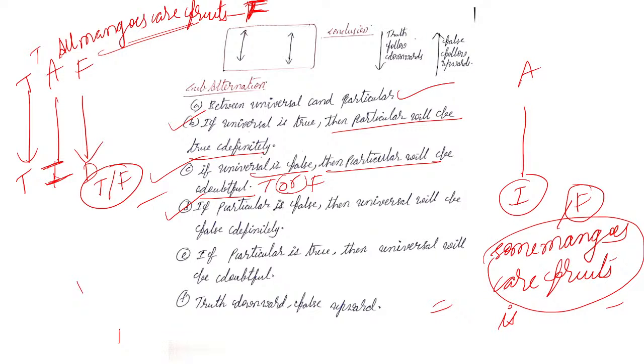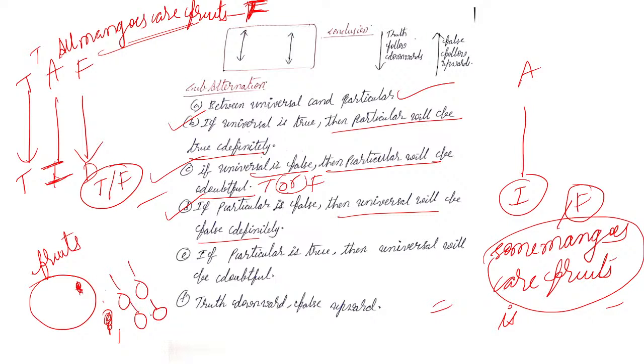Then the universal will be false definitely. Only some mangoes are not there in the fruits. That means some mangoes are there which are not fruits here.